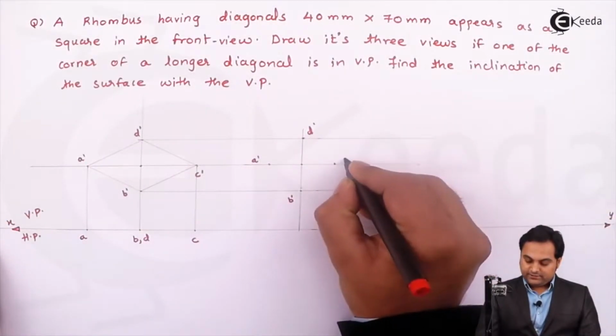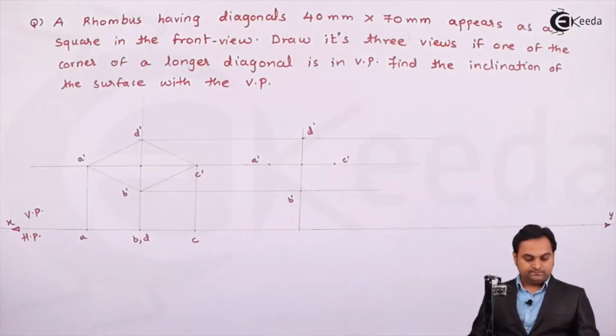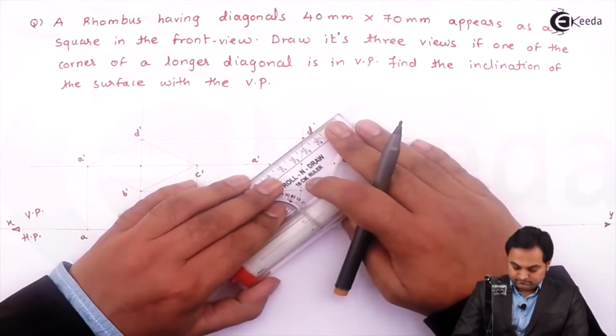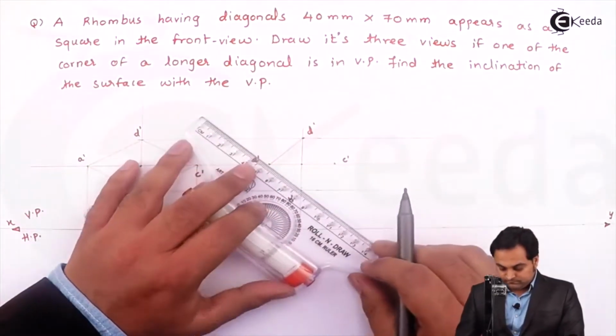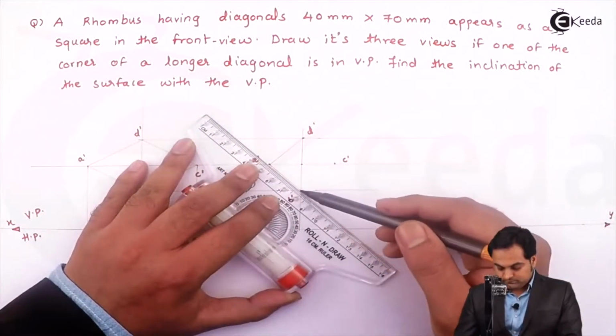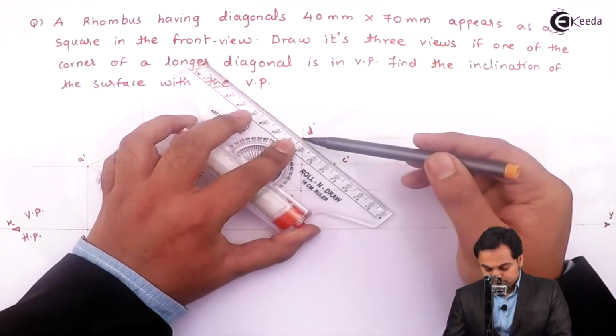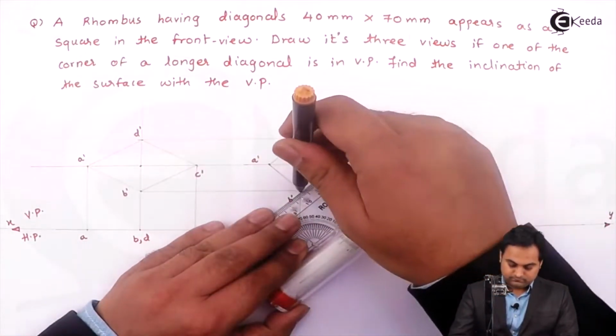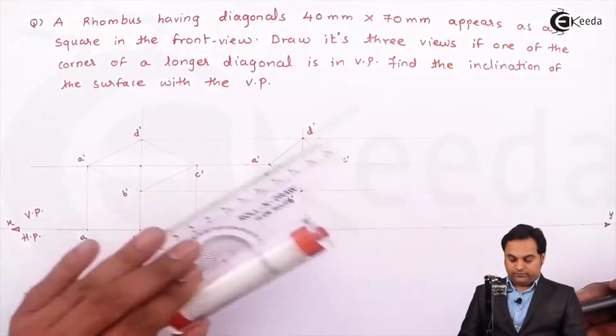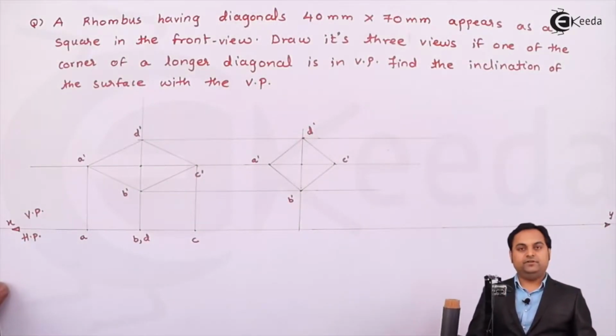Here I get A dash, this is C dash, joining them in proper sequence. So this is the square which is visible in the front view.